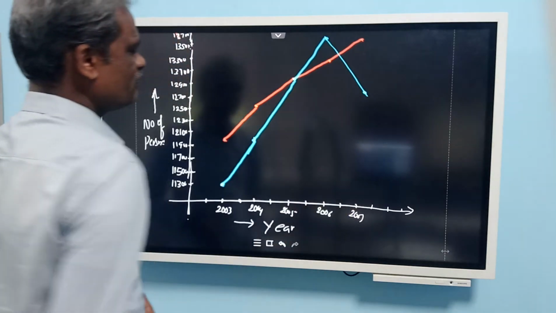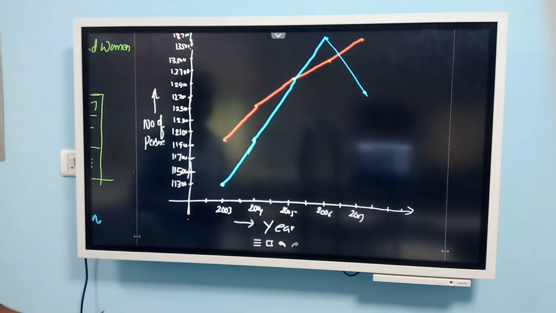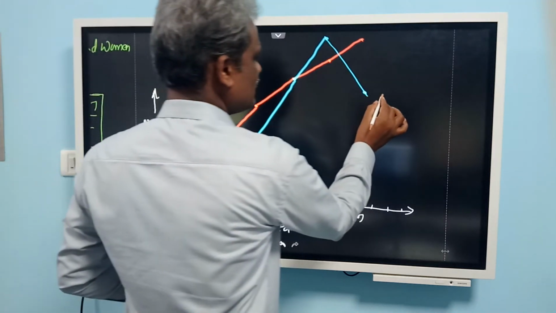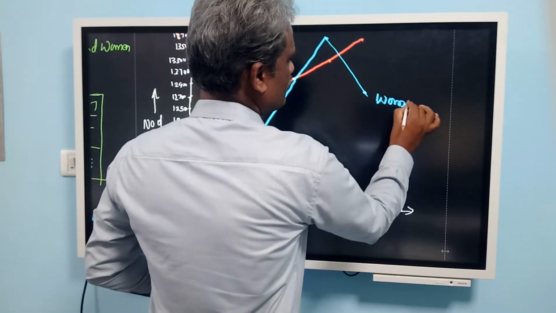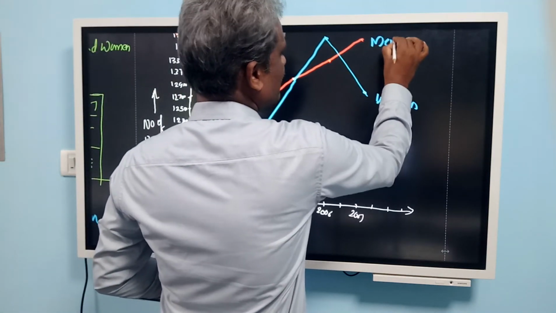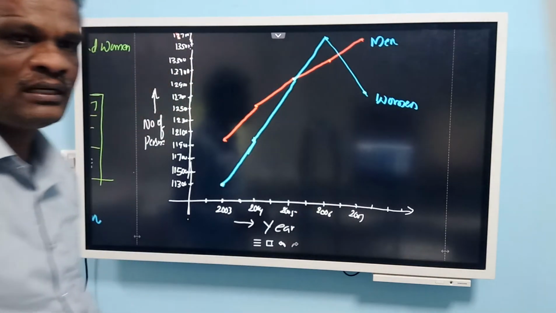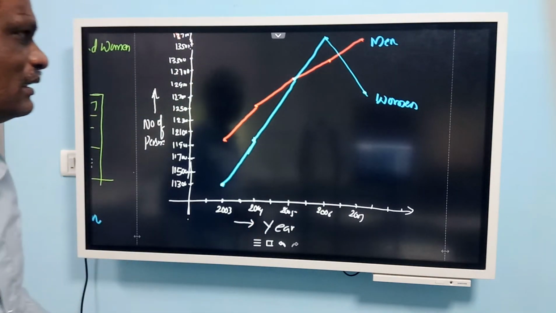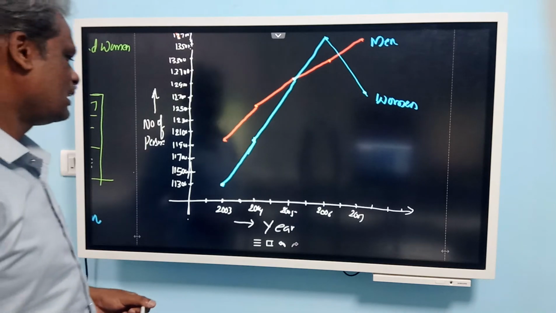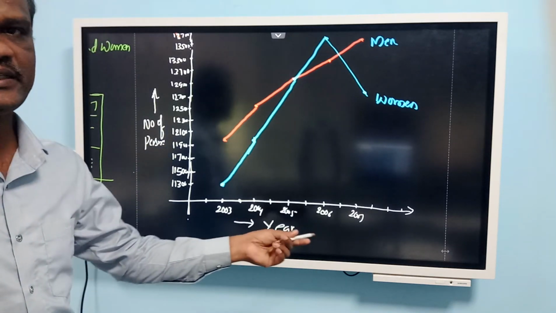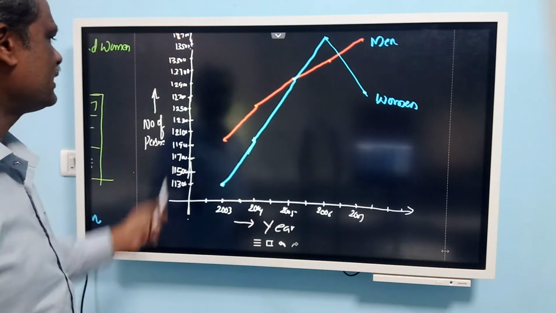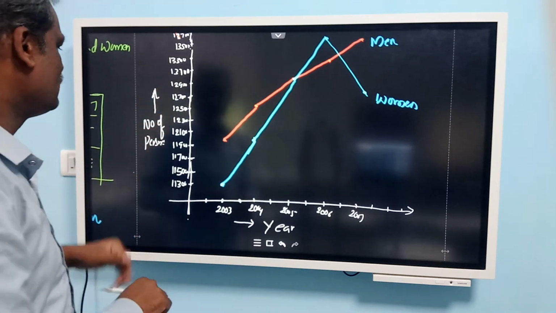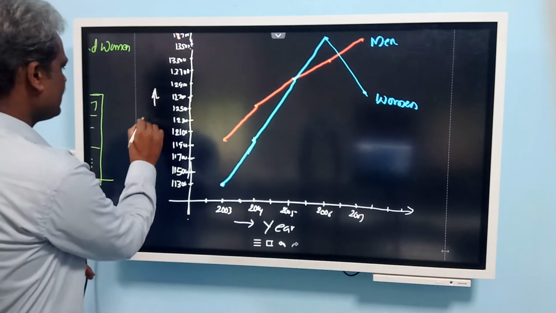So this is the graph you are getting, and this represents the women, and this is the men graph. Number of men, population of men, and population of women. Horizontally you are taking the years, and vertically you are taking the population.